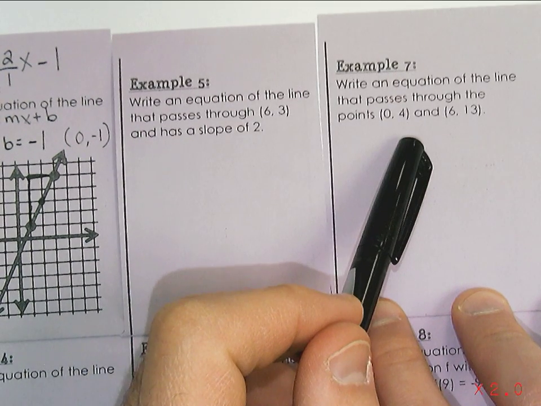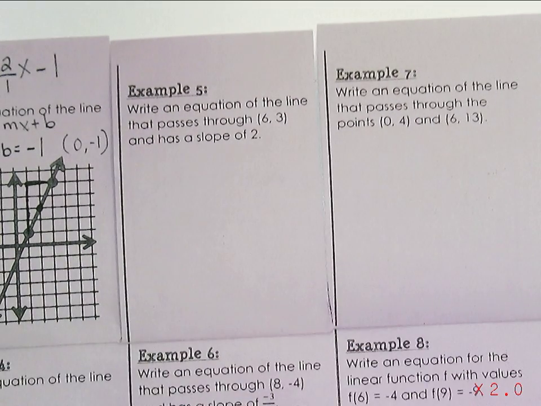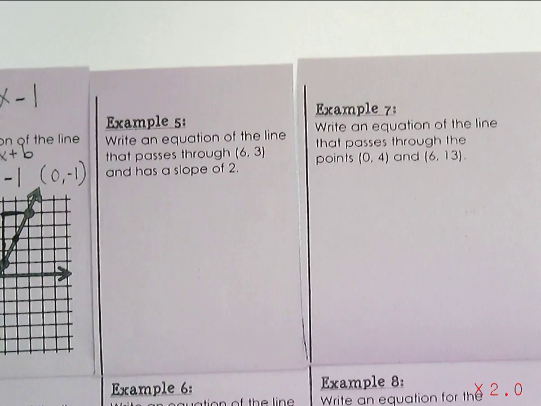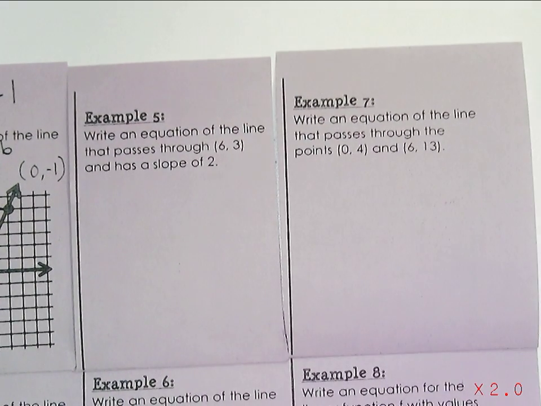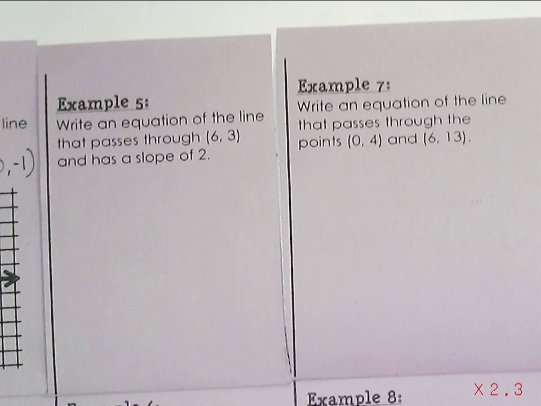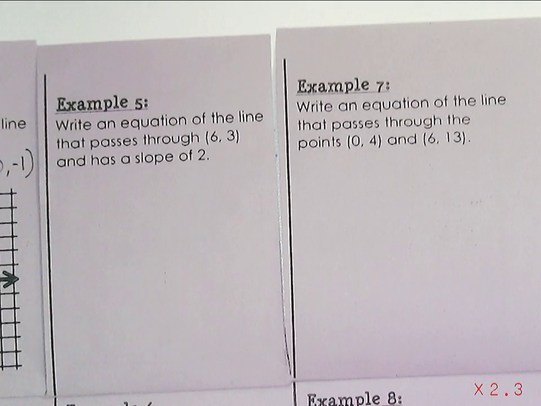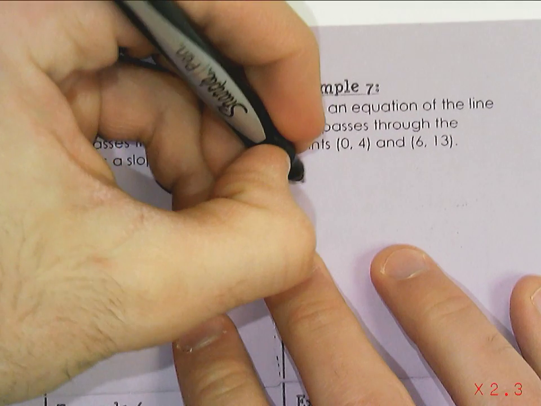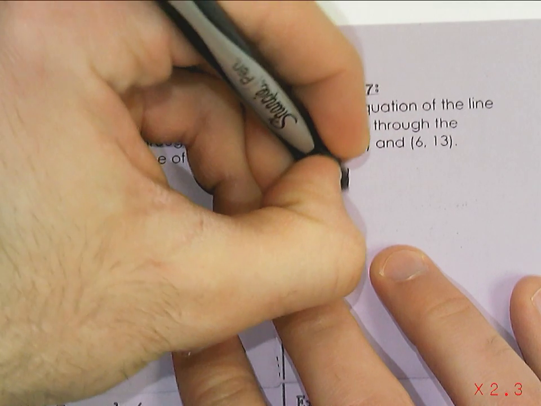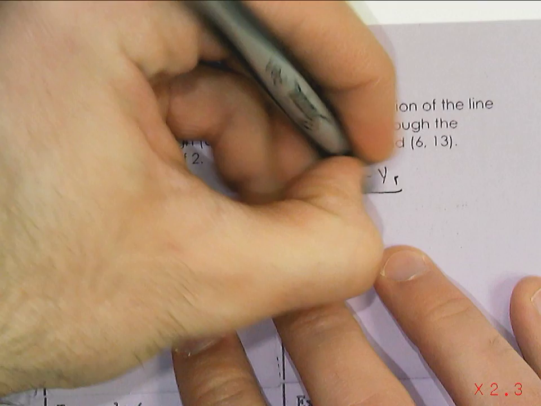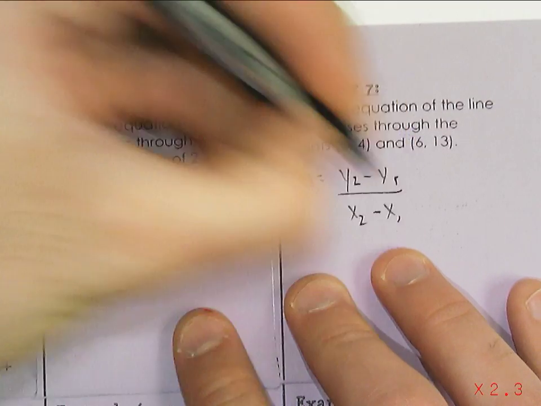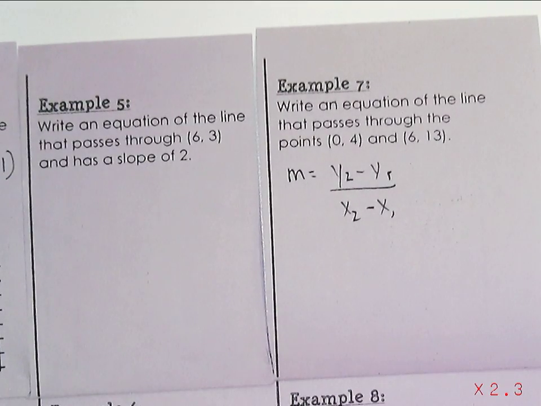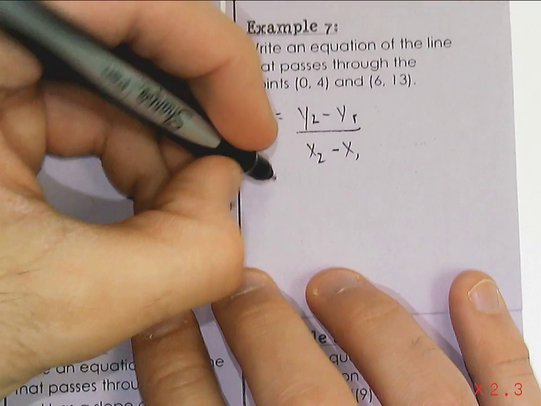First and foremost, we're going to have to go back to something that we were using a couple weeks ago, and that's finding the slope given 2 points. Because in order to write in slope-intercept form, we need to know what that is. So if you recall, that's m equals y2 minus y1 over x2 minus x1. So let's go ahead and fill in what we know and solve for this.